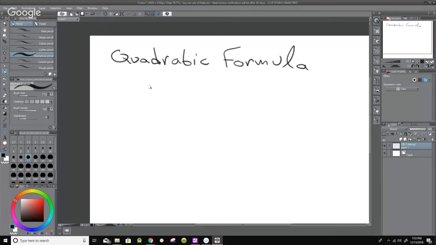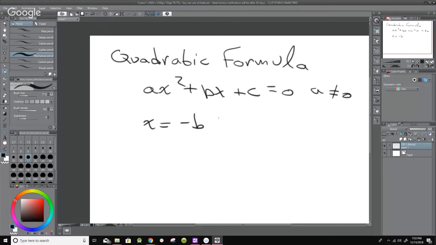If you start with that general ax squared plus bx plus c equals 0, where a is not 0, then you can do some of the manipulations that we've been doing in a more general way and show that the quadratic formula is what you end up with.